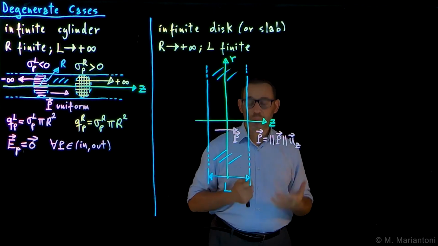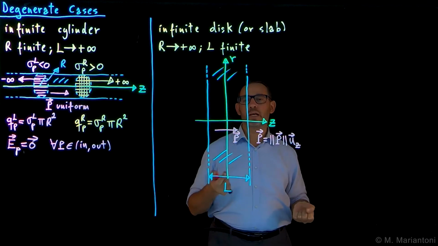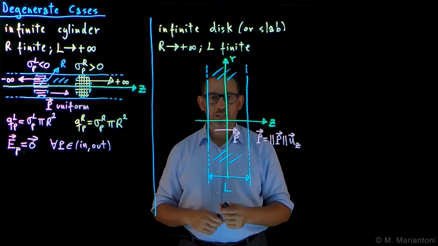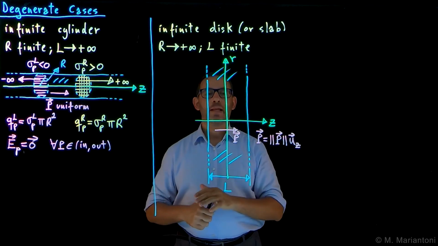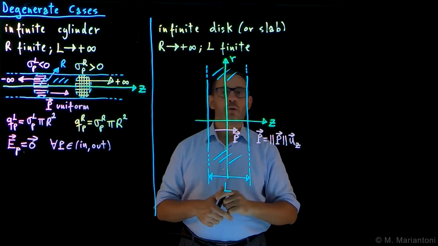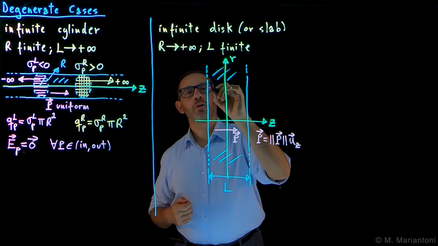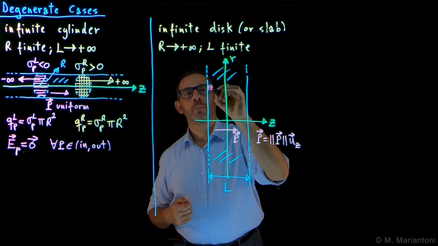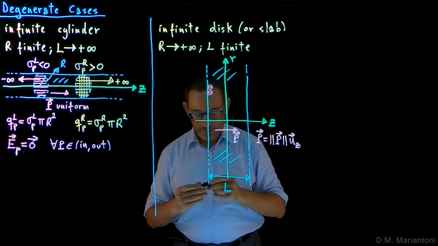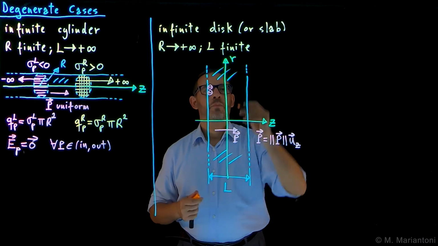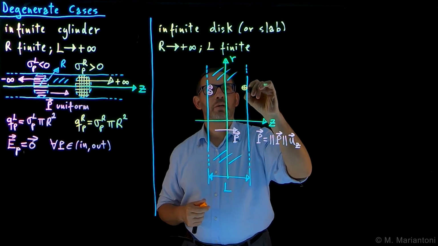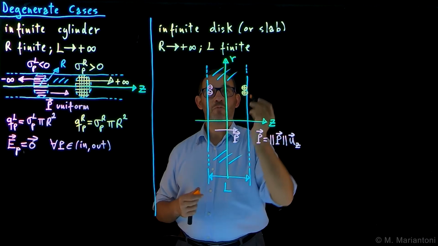We know that these are molecules, so we expect the molecules to stretch and be aligned with this P, with the negative part of the molecules accumulating here on the left, and the positive part of the molecule accumulating here on the right.